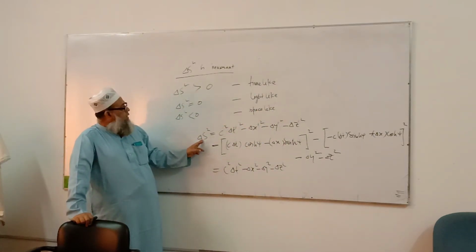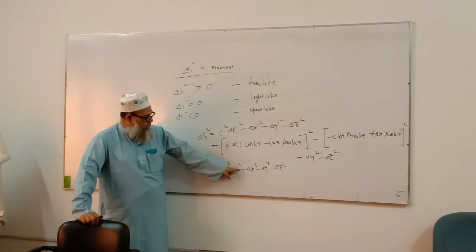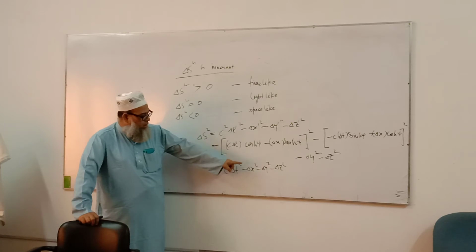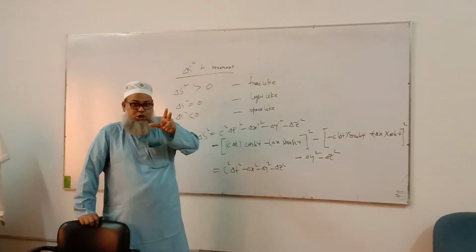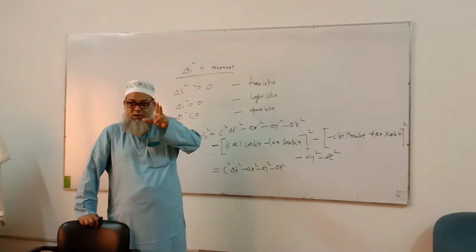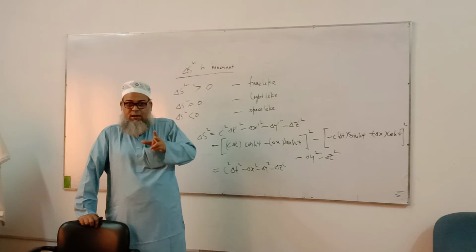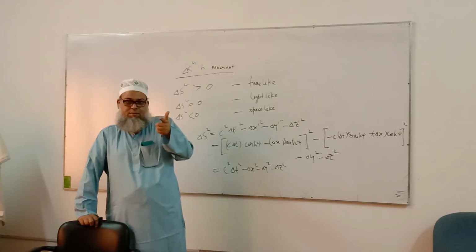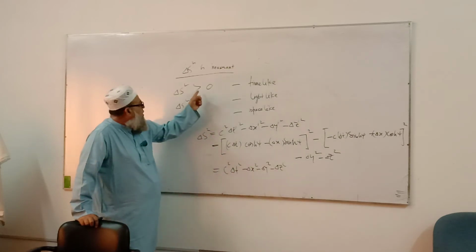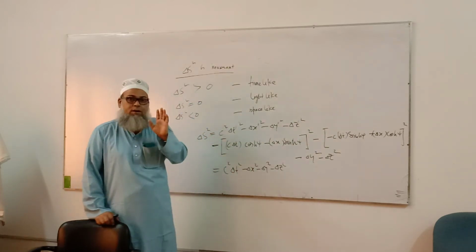Del s squared greater than 0 means c del t squared is greater than the sum of del x squared, del y squared, del z squared. That means the spatial distance squared is less than the time coordinate interval squared. That's why this is greater than 0 and we call it time-like. Why do we call it time-like?